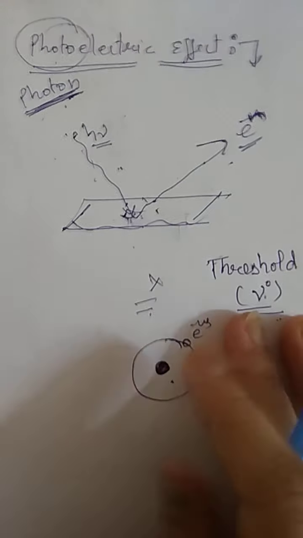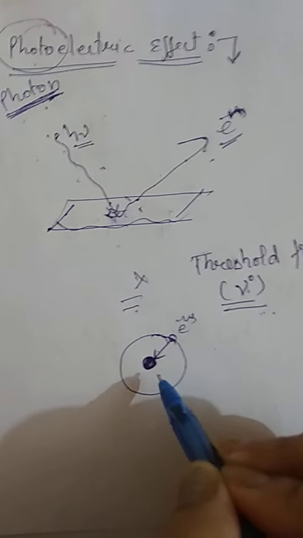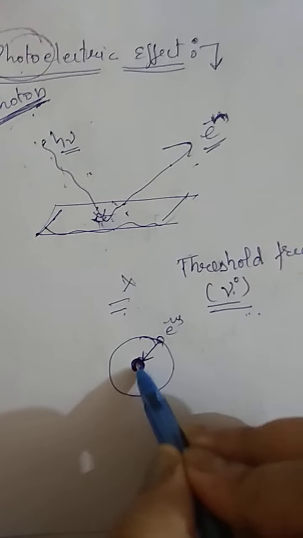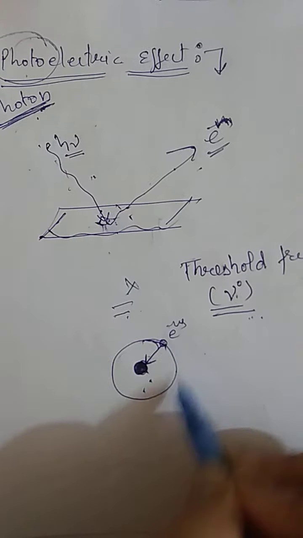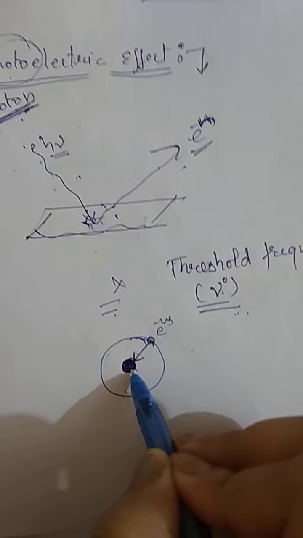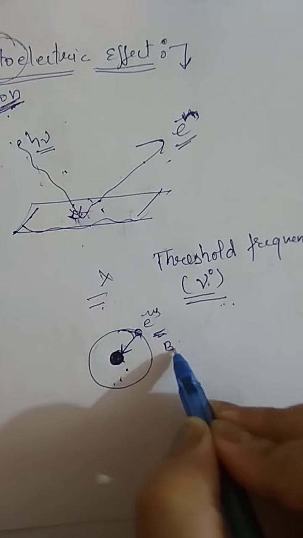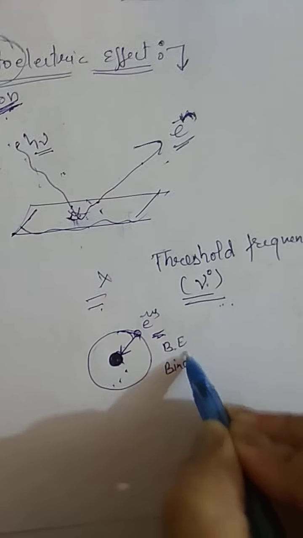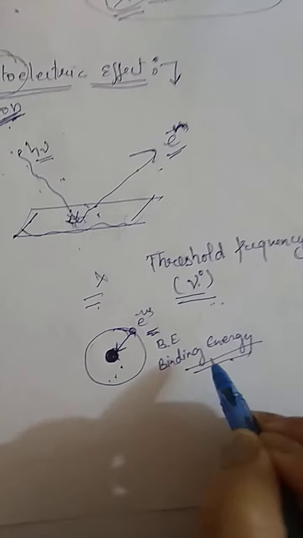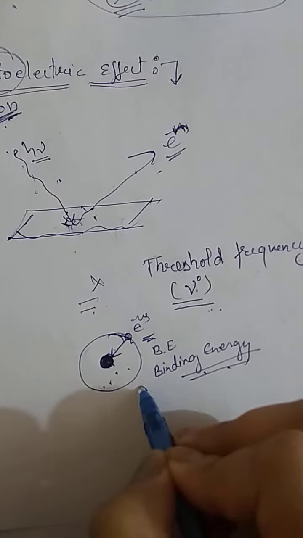These electrons are bonded by the nuclear force of attraction. It means there is some binding energy, which is responsible for holding the electron in the atom.